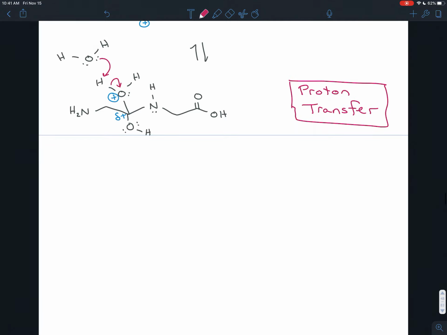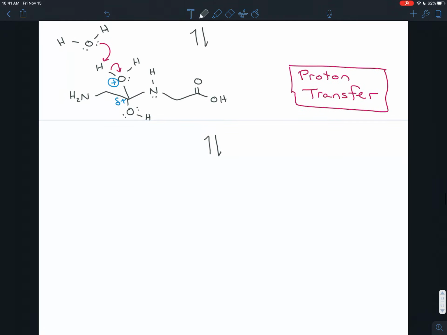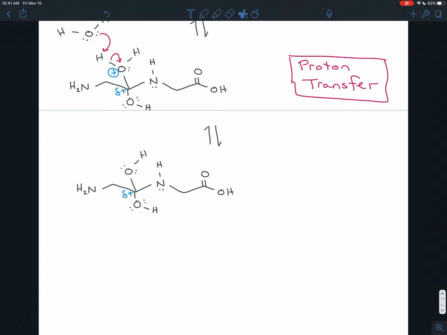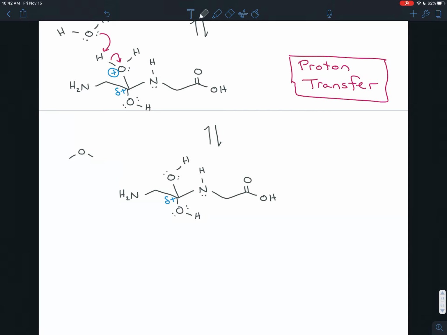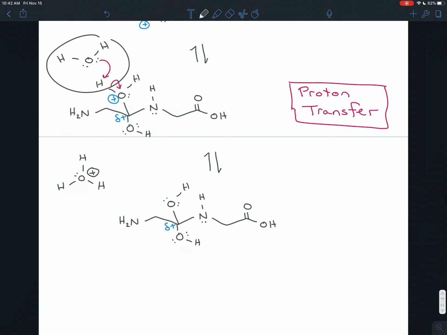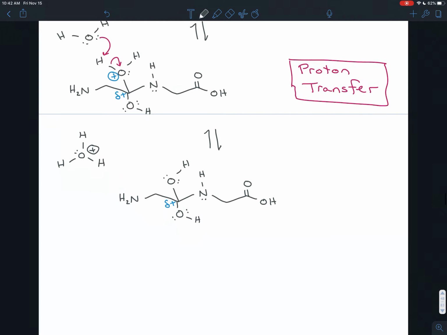The electrons can snap back onto the oxygen, and that would give you a stabilized tetrahedral intermediate. Now the other thing you'll have here is hydronium, that's formed when the water steals the H+.